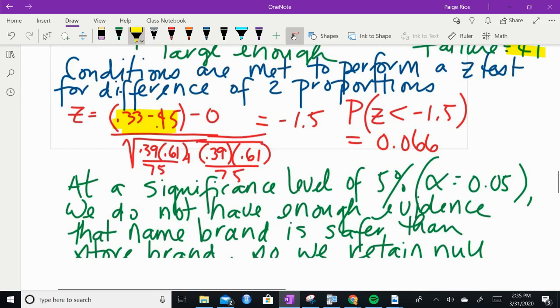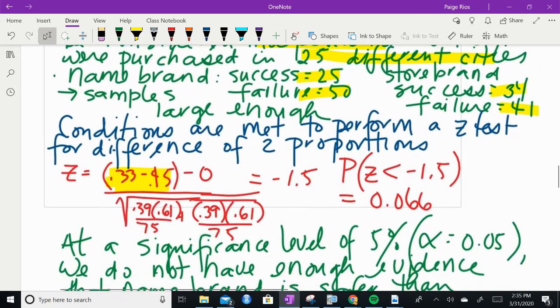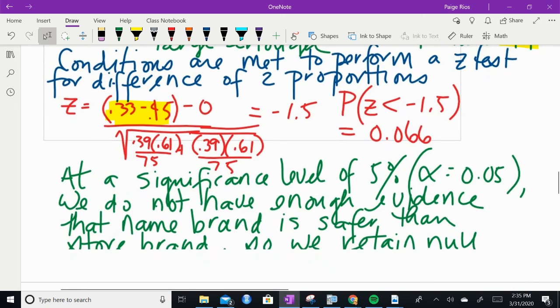So remember, when I was looking at the computer output, I've got this pooled p number, okay, 0.39. I'm going to take that number and put it into my standard error. So 0.39, 0.61, pooled P, pooled Q, pooled P, pooled Q for the second one.